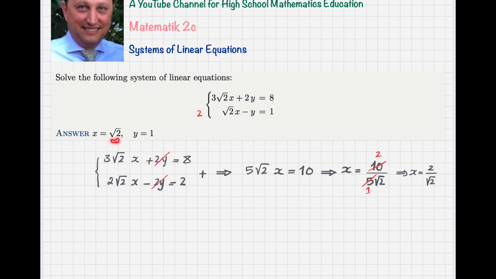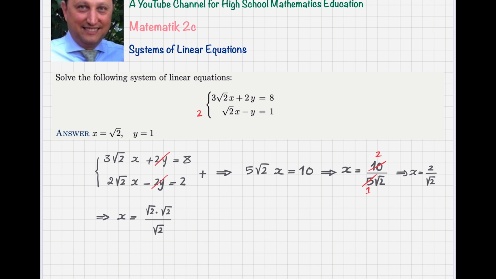But the answer provided by the problem is square root of 2. So let us manipulate this a little bit so that we can get this answer out of it. That's easy. So you just write that x is equal to, instead of 2 here, you can write square root of 2 multiplied by square root of 2, divided by square root of 2.